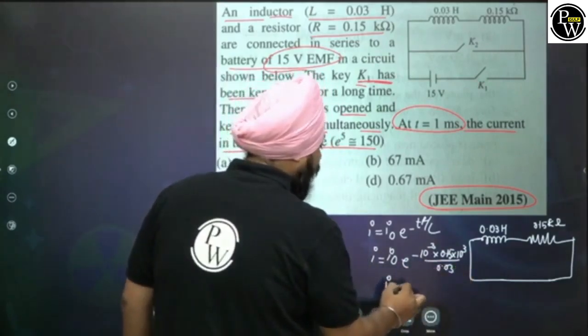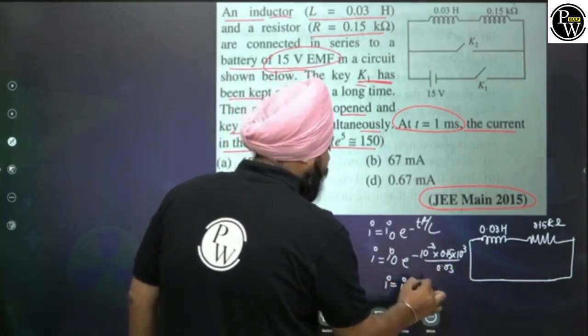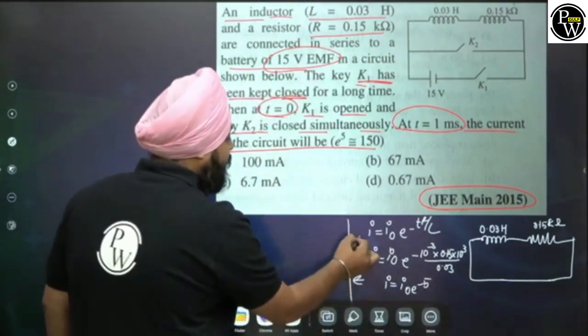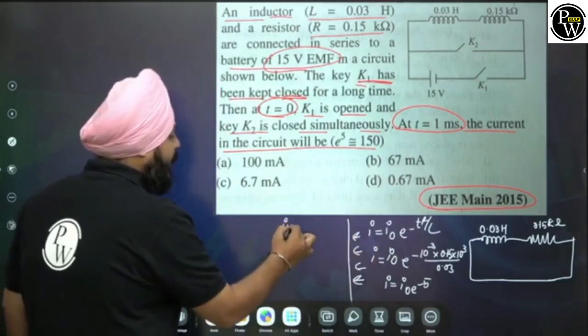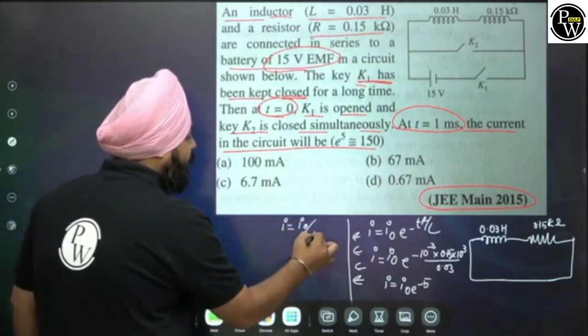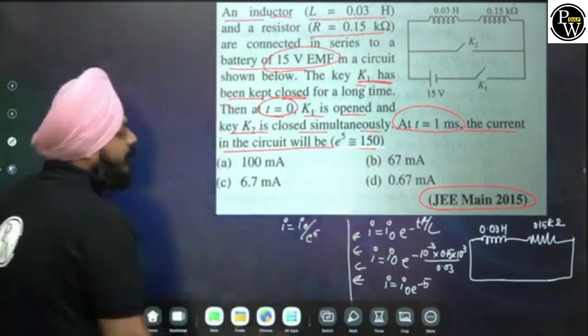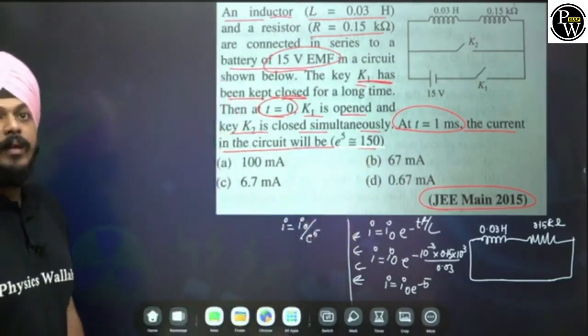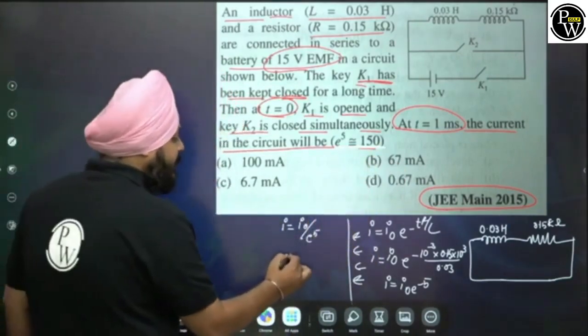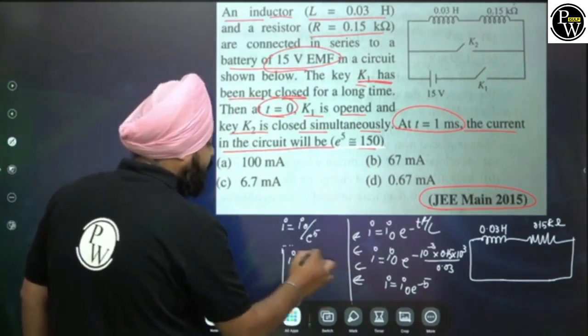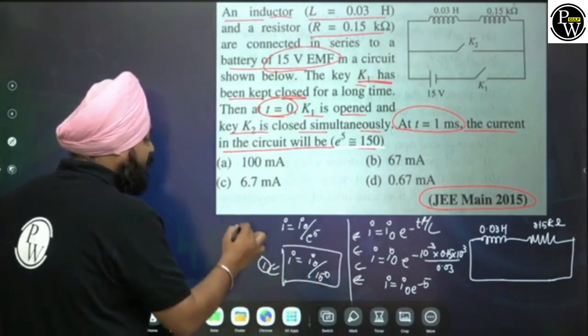So here we are going to get I is equal to I0 e raised to minus 5. So can I say I is equal to I0 by e to the power 5? In the question it is mentioned e to the power 5 is 150. So can I write it as I is equal to I0 divided by 150? Can I consider this as equation number 1?